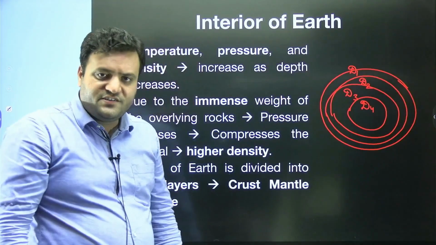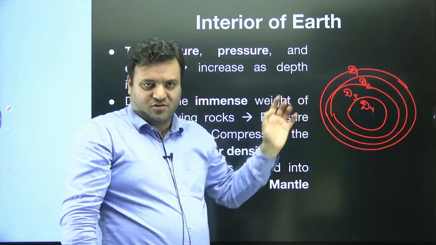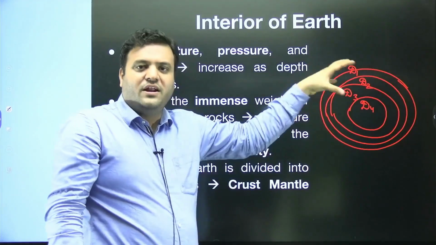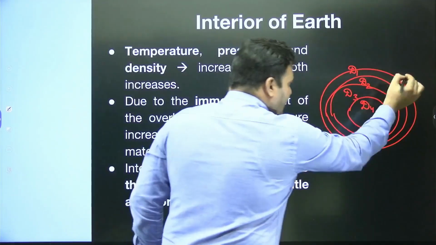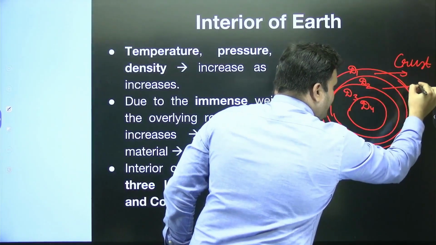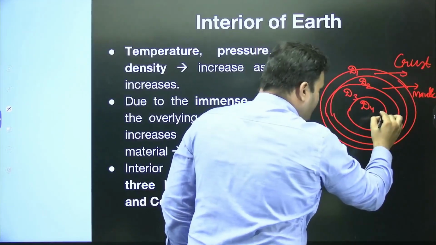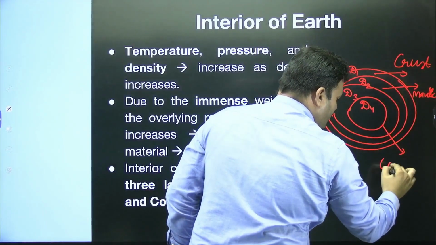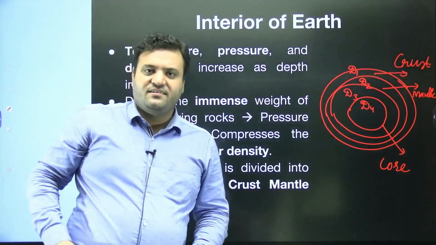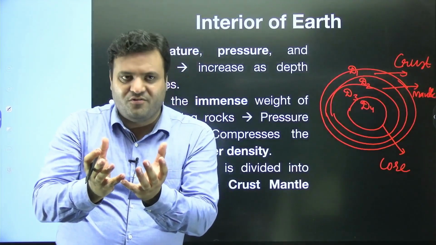These concentric layers tell us a particular density pattern of rock, and this density pattern is given a name, for example crust, for example mantle, and for example core. So it is basically the separation of those densities of rock.